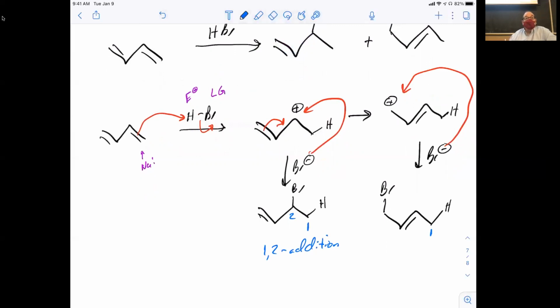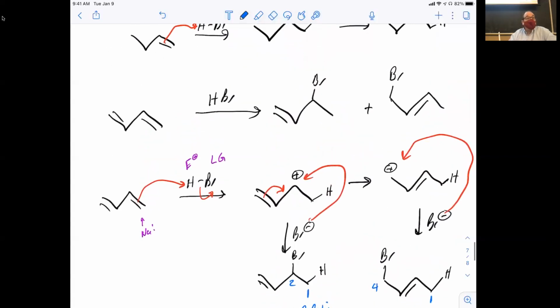Where is the bromine? 2, 3, 4, right? So this is a 1-4 addition. So that means up here, I can name my two products. This is the 1-2 adduct, and this is the 1-4 adduct.